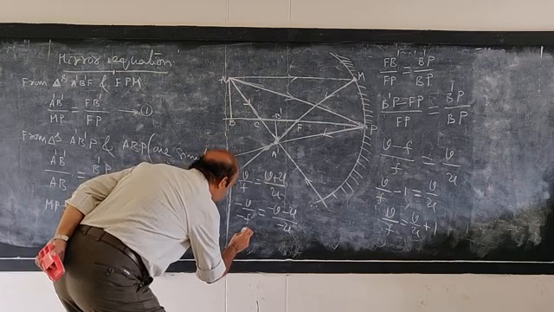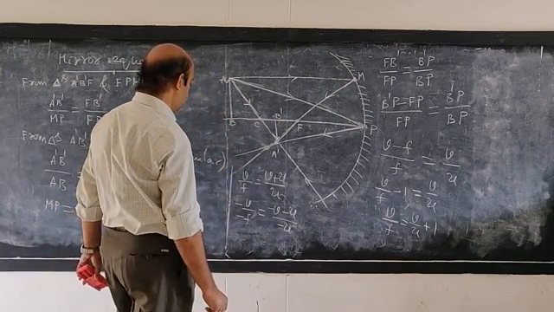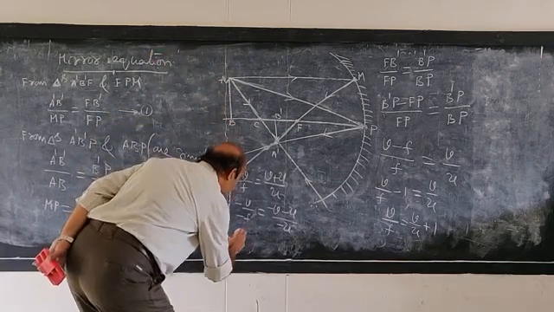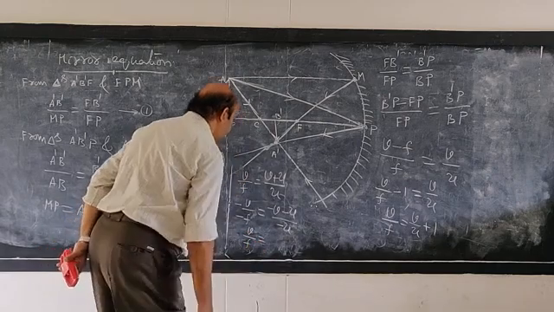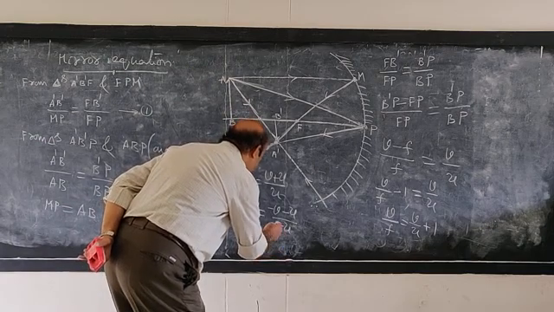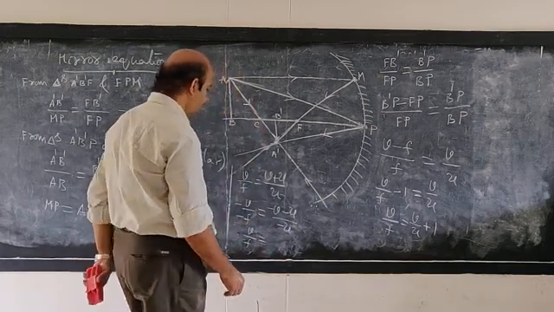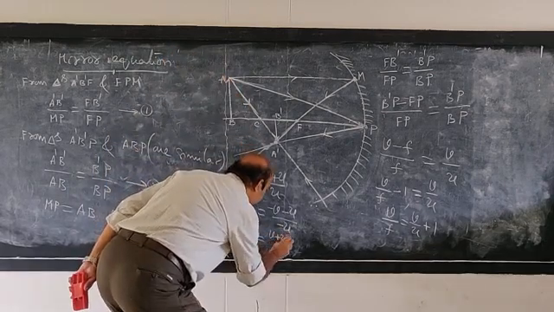Therefore, what you get is V by f is equal to the same expression. If you take a minus sign outside, finally you will be getting the same equation.